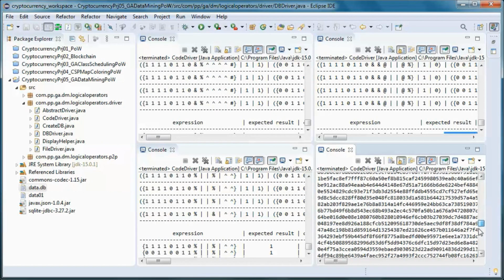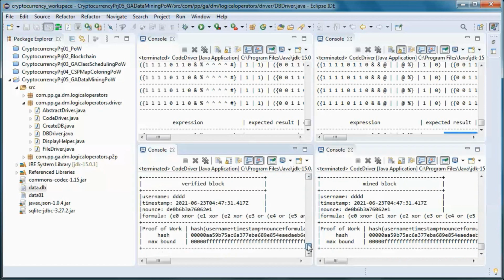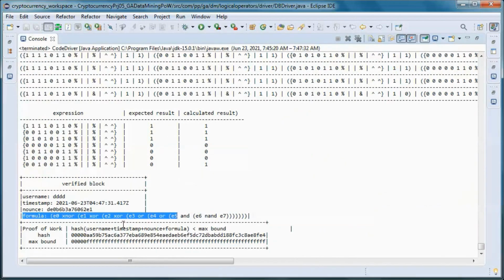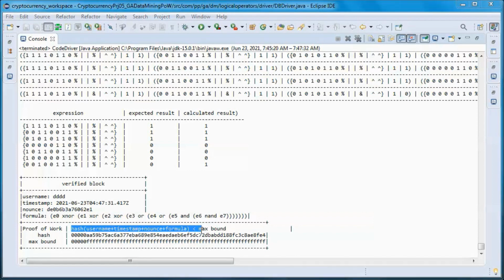So those other peers received the username, the timestamp, the nonce, and the formula, and what they did is to do the hashing and made sure that it is smaller than the max bound.